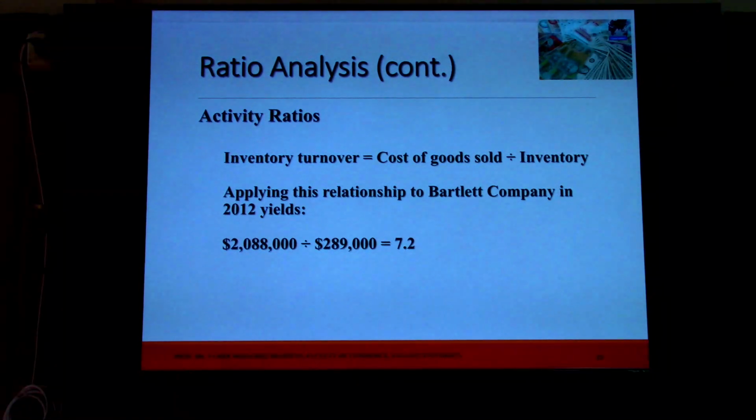As we explained before, this number itself is nothing. It will not give you any hint. To get a good interpretation, you must compare it either with a benchmark, or over time series analysis, or compare it by the industry average to determine the level of the efficiency of using your inventory.